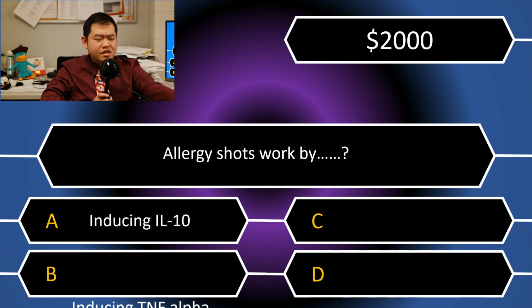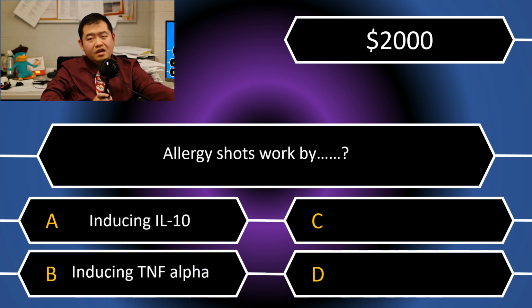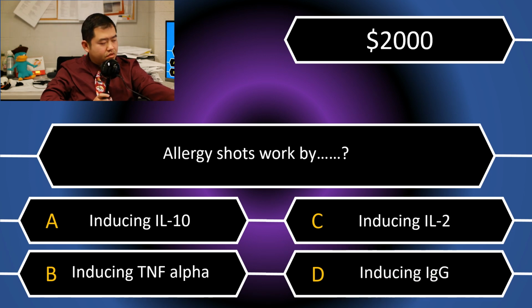Inducing IL-10, inducing TNF alpha, inducing IL-2, and inducing IgG. I'll give you 10 seconds to think about it, maybe flip through the slides to look for the answer. 1, 2, 3, 4, 5, 6, 7, 8, 9, 10.